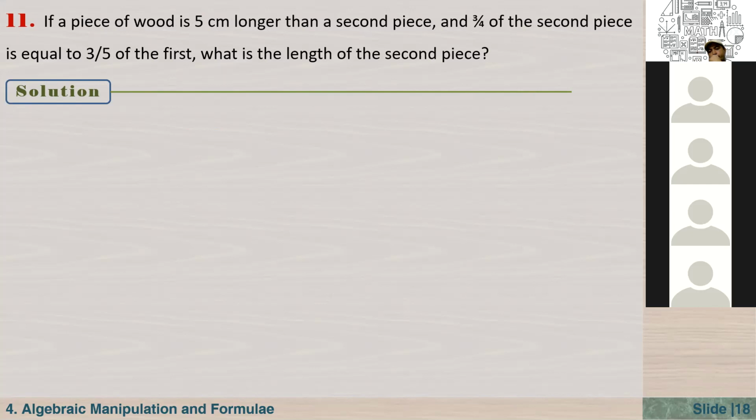I finished. Yes, Murat, what is it? I got, wait. x equals 20. Yes, I got also x equals 20. I don't know why, but I wrote C, that's why.